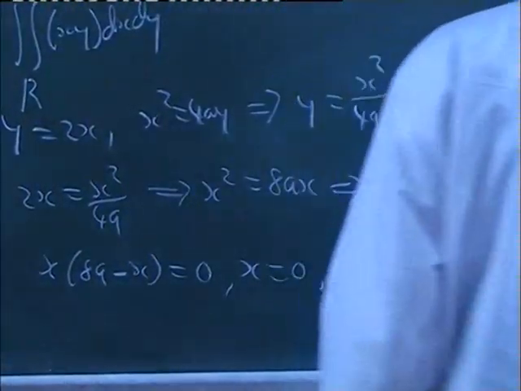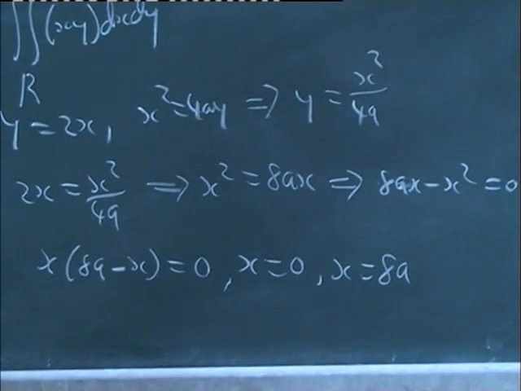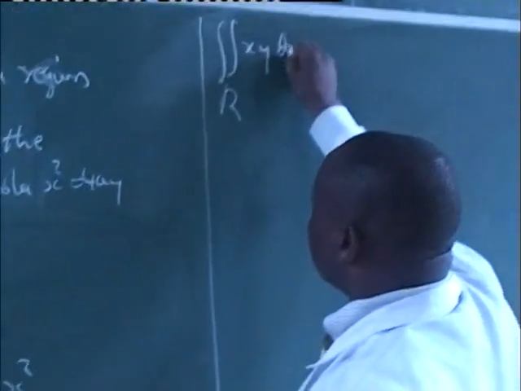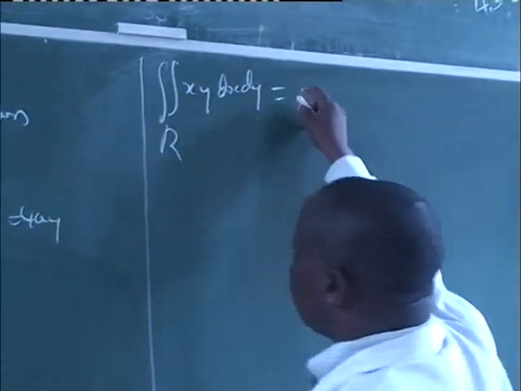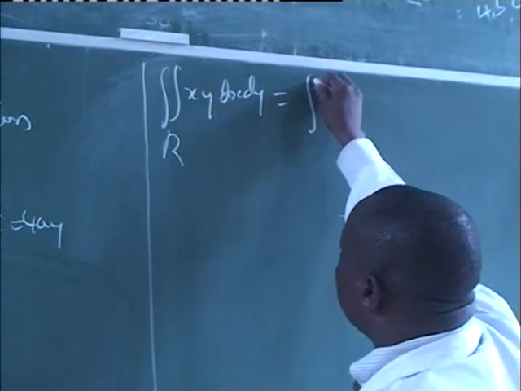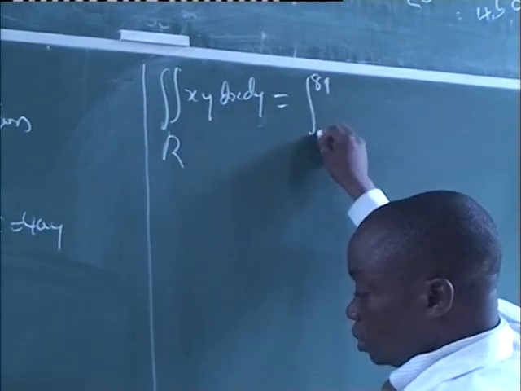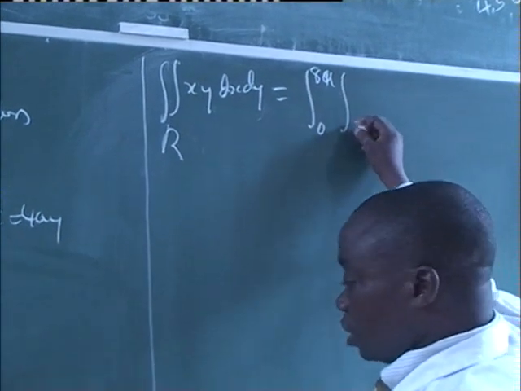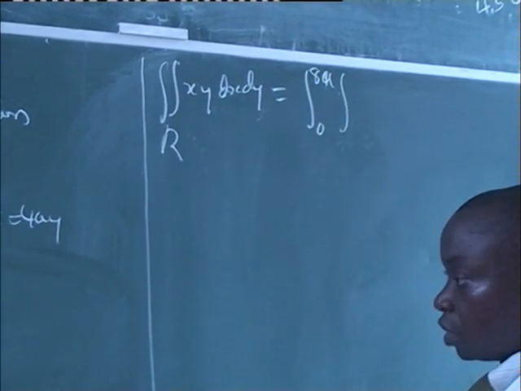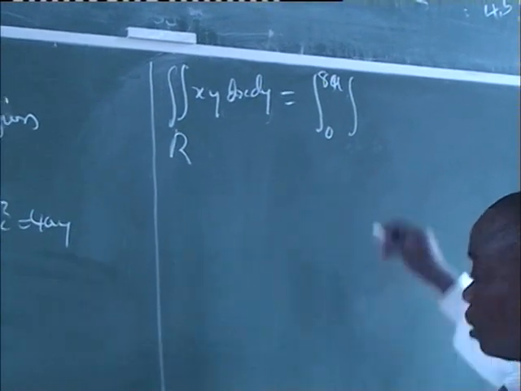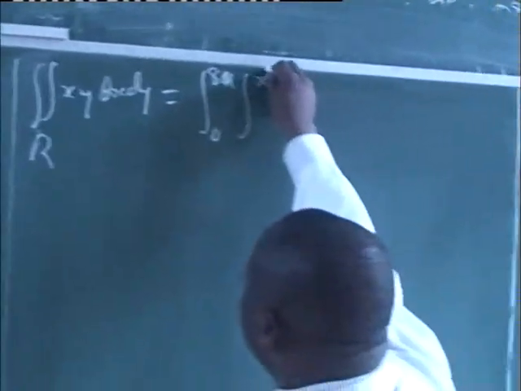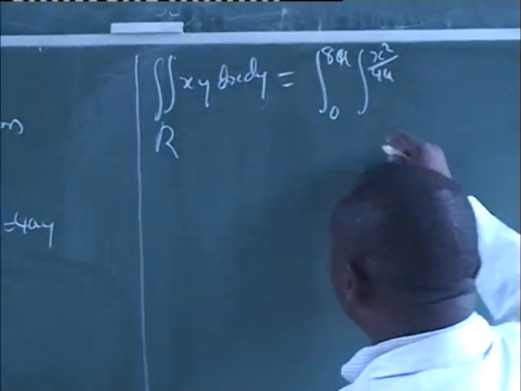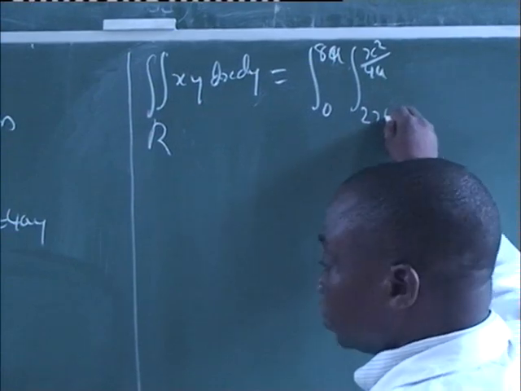Now, it means that the double integral over R of xy dx dy will now be equal to the double integral from 8a to 0, and the integral of x squared over 4a, which is this y, to 2x.